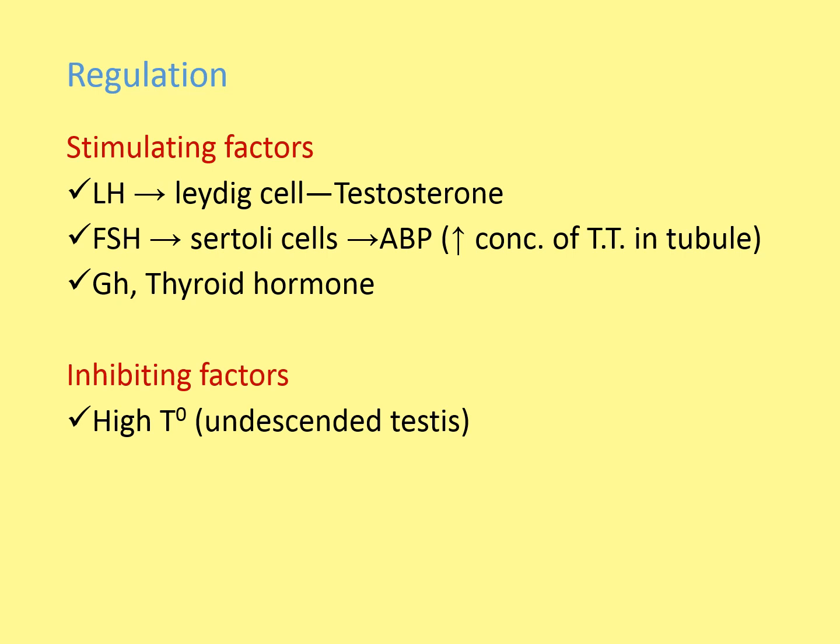High temperature, for example undescended testes. You can say the testes are inside the abdominal cavity. Intra-abdominal temperature is core temperature, more than 33 degrees centigrade, which gradually destroys the process of spermatogenesis.